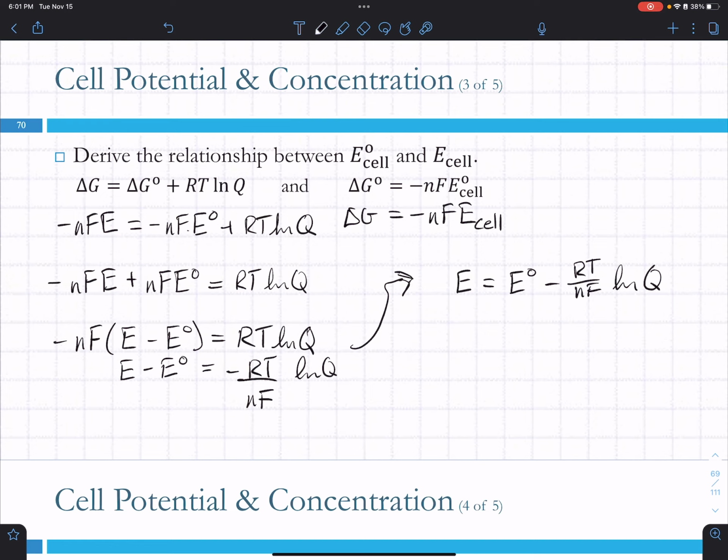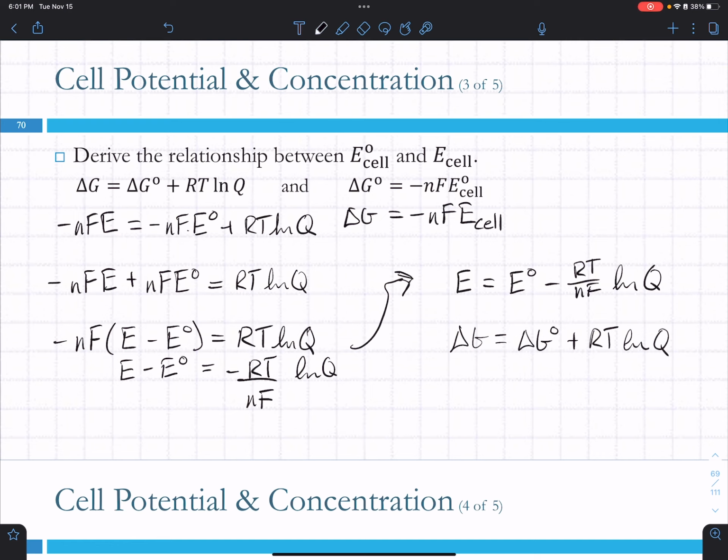Conveniently, or inconveniently, this has a very similar format to delta G equals delta G 0 plus RT ln Q. In essence, they're doing the same thing, but we use slightly different numbers because we're talking about slightly different quantities.